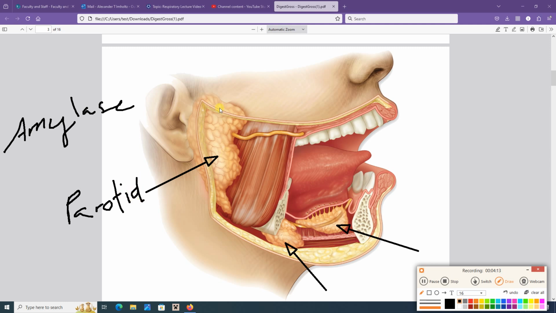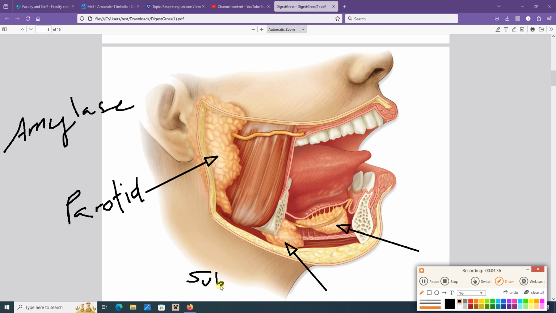But the big guy by the ear is called the parotid gland. Parotid means by the ear. The guy over here is underneath the mandible, so this guy is called your submandibular gland. Let's write it over here.